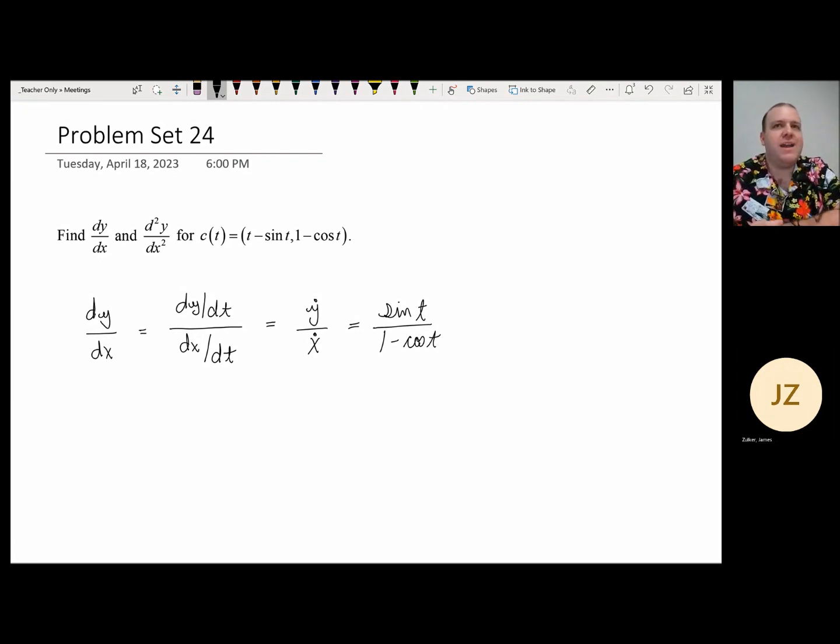We've been writing dy dx as a function of x up to this point. This just happens to be now dy dx as a function of t. Still gives you slope of the tangent line at a point. The only difference is you now have to find the corresponding parameter for that point.